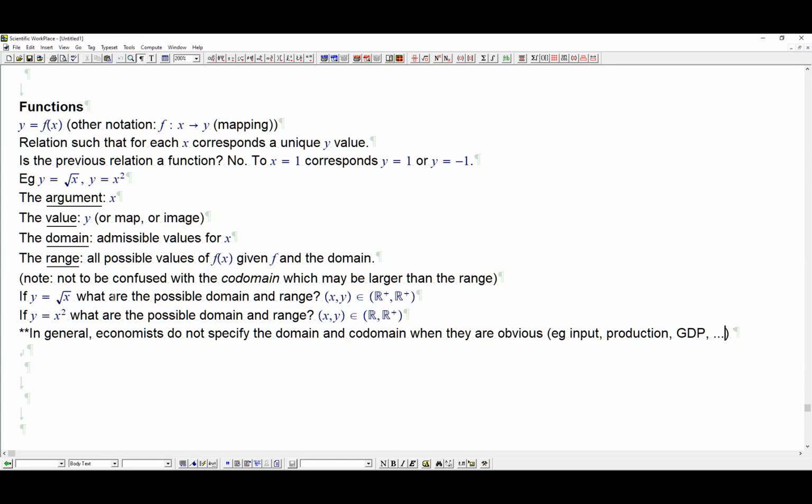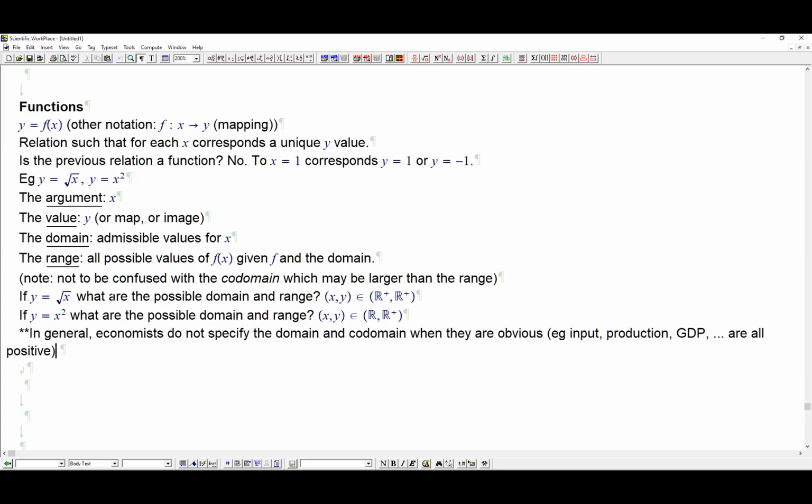These things are all positive. I'm not going to say, by the way, input cannot be negative. You cannot use -1 worker. I'm saying that because I used to teach at a statistics school, and a question came sometimes: I cannot really answer your exam question, sir, because you didn't say whether the number of workers was positive or negative. Well, take a chance and assume it's positive and see where that goes.